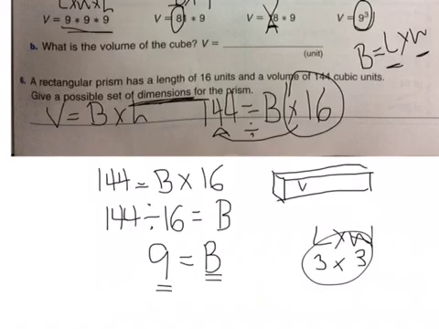And my volume inside would be 144. What are we working with? Cubic units? Cubic units. Okay, so this would be 3 units, 3 units, 16 units. It would look something like that, boys and girls.